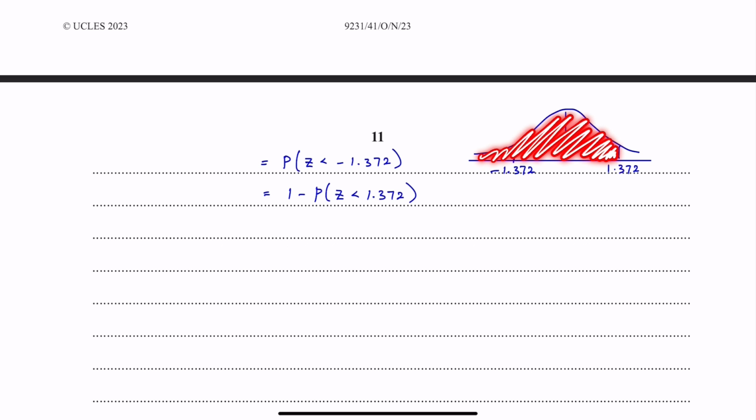So 1 minus this area would be the area over here, which is equal to this.